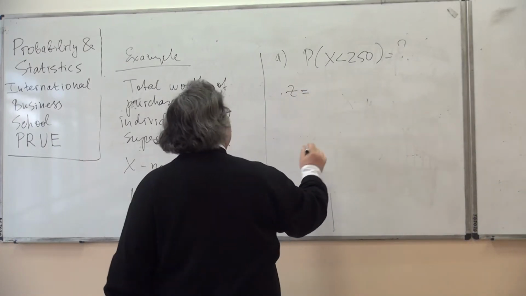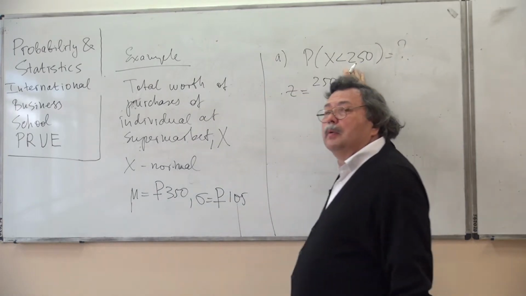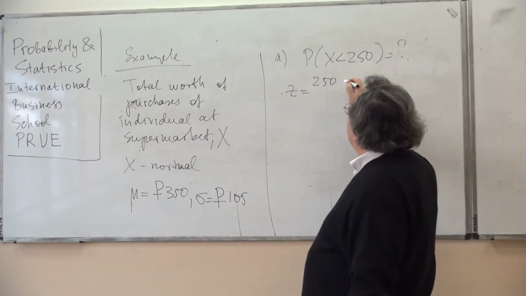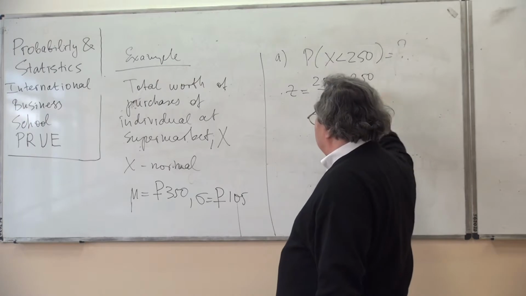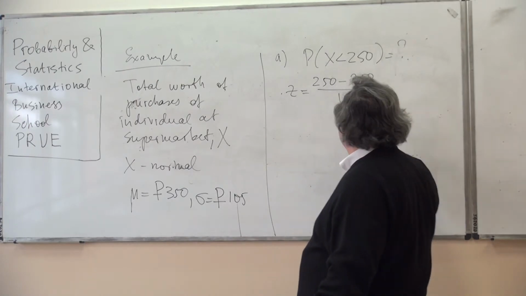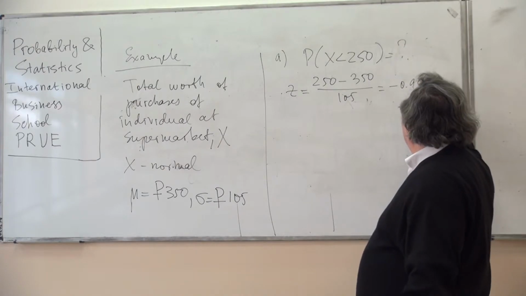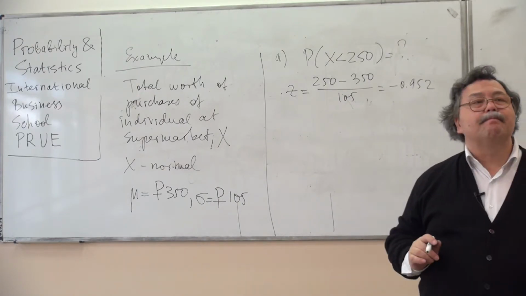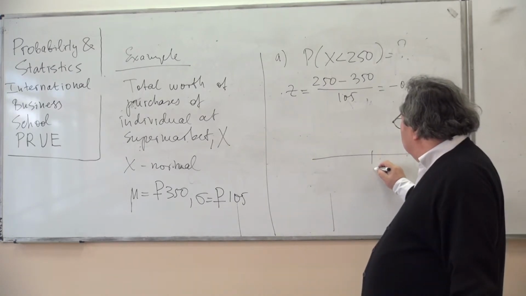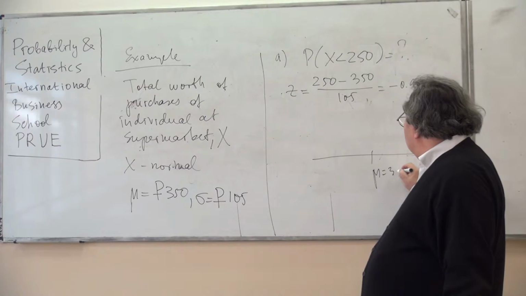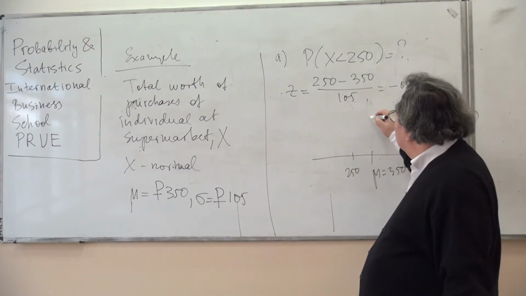And z is 250, which is the given value of x, minus mu, which is 350, divided by 105, and the answer here is negative, is this. So if we try to plot it, mu equals 350, and this is 250.